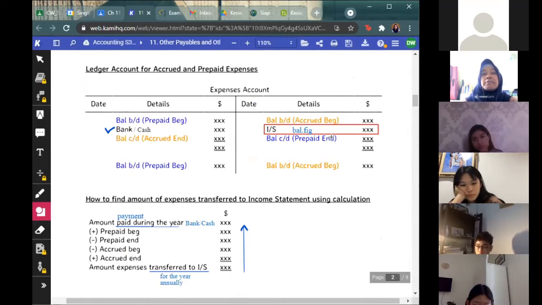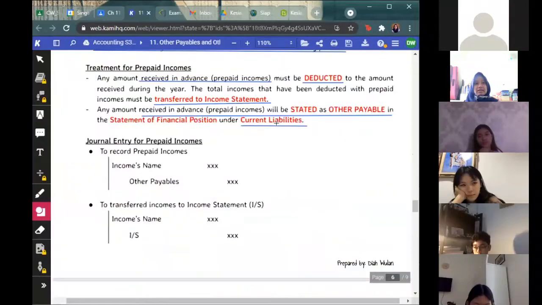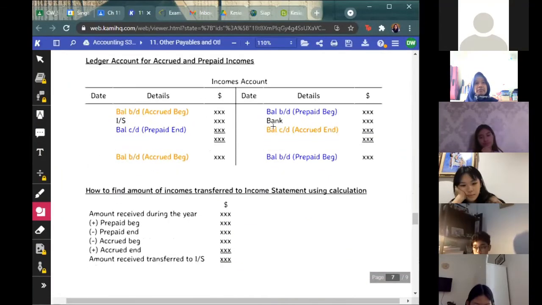In the income account, they are the same except everything on the credit side will go to the debit, and everything on the debit side will go to credit. It's the opposite. So if you remember the expenses account, definitely you will remember this income account because they are similar, only the places are changed.